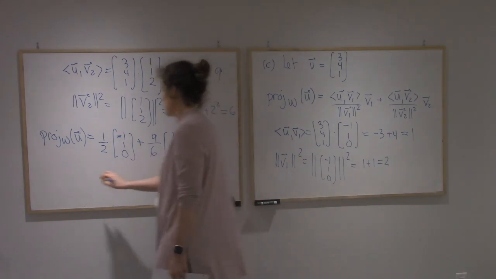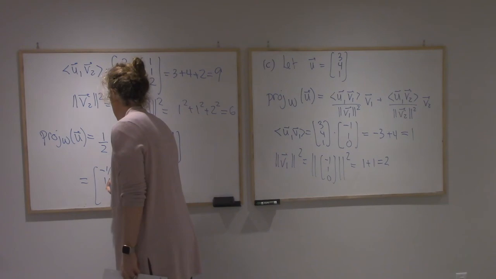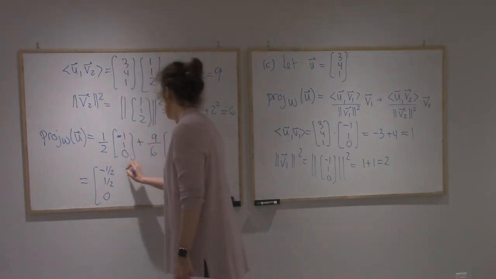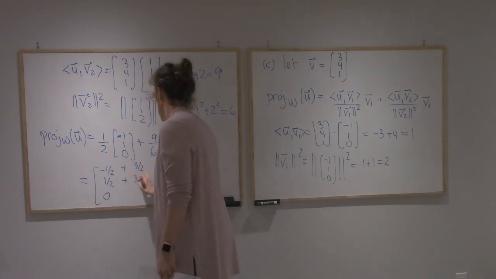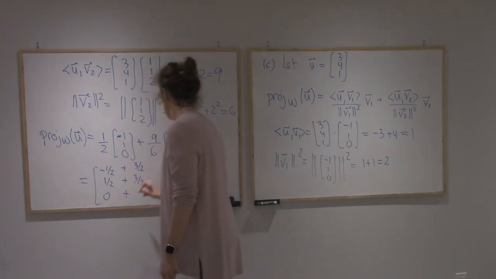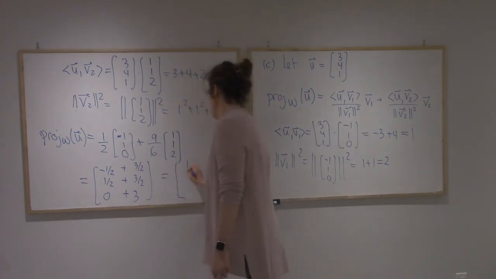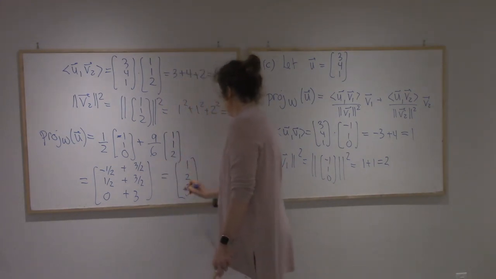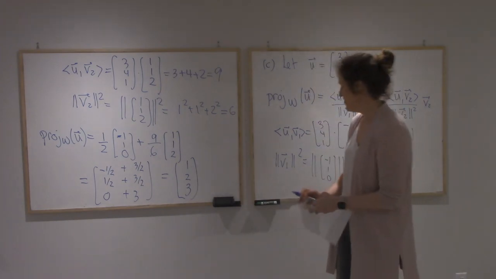So I'm getting minus 1/2, 1/2, 0, plus 3/2, 3/2, plus 3. So I'm getting 1, 2, 3. Nice. Alright, 1, 2, 3.